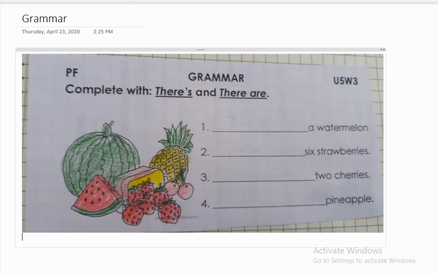Okay, today we are going to start with the grammar section, and we are going to complete each sentence using there is and there are as we have been doing. So remember that we must pay attention to the second part of our sentence. In this case, sorry, it's a singular word, so we must complete with there is.